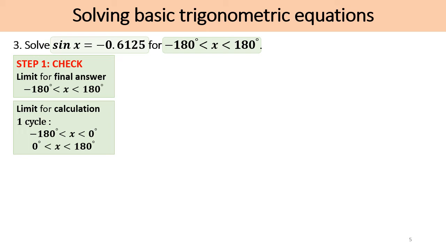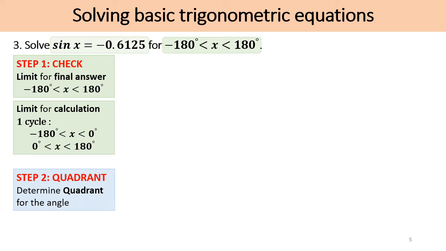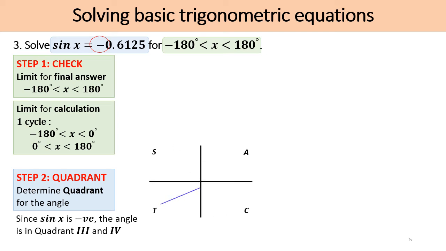But our one cycle will include one in the negative position, the other one in the positive position. Next is to determine the quadrant for the angle. So sin x is equal to a negative value here. And we know when sin x is a negative value, it should be in the third or the fourth quadrant. So we just label our angle there in the third and the fourth quadrant.